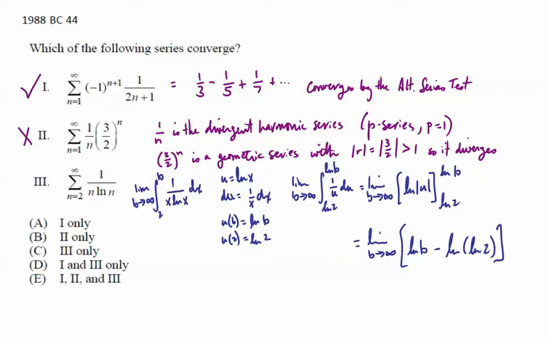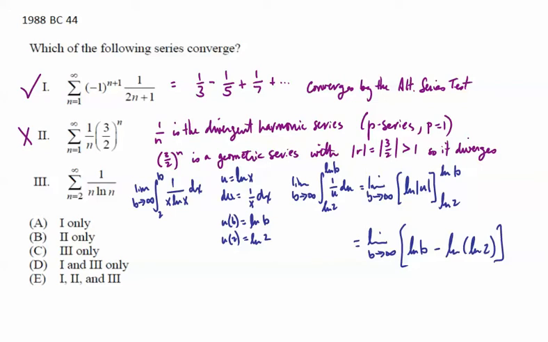Now, natural log of 1 is 0, so natural log of 2 is some small positive number. But natural log of b, as b approaches infinity, is going to be the natural log of infinity.